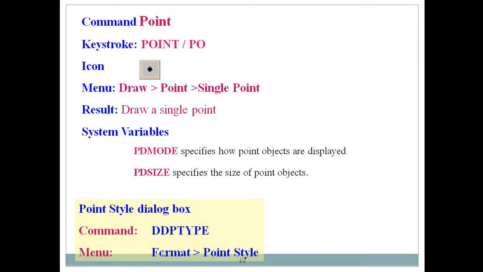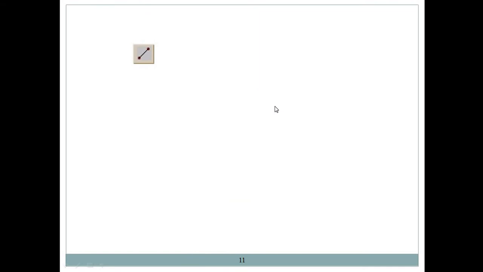Go to the menu, Format, and Point Style. I have explained this whole command in the practical session, when showing how to draw a three-phase transformer in AutoCAD, where I explained the total working of this command. This is just an overview of the command.